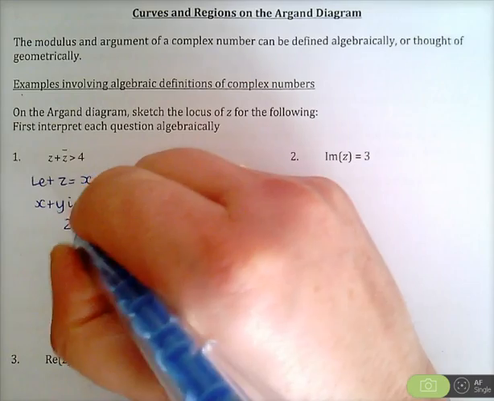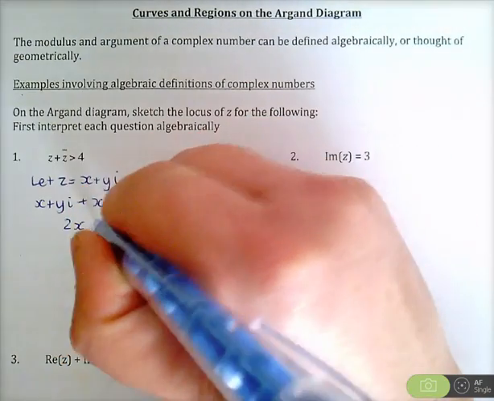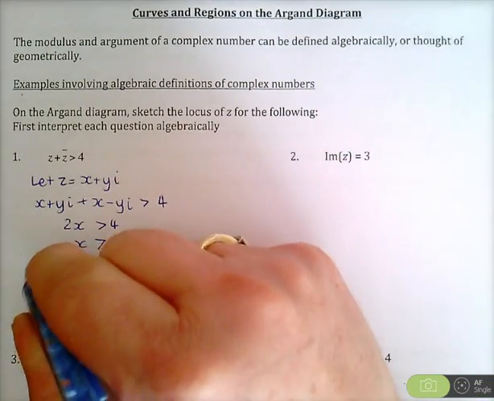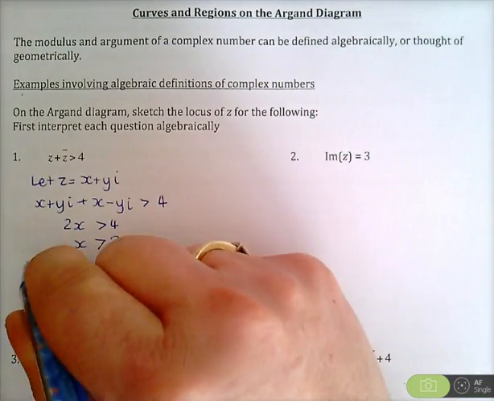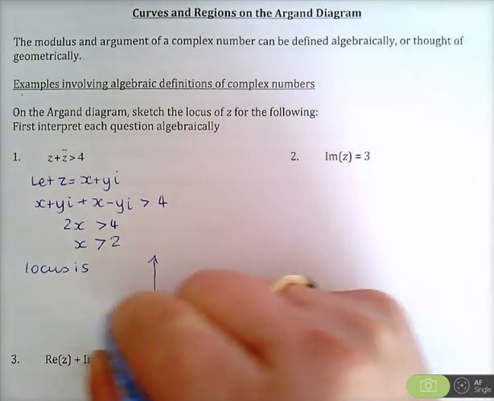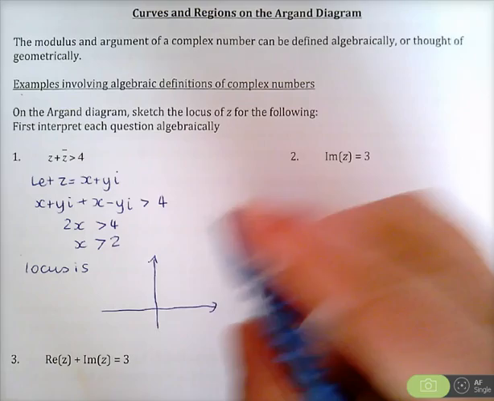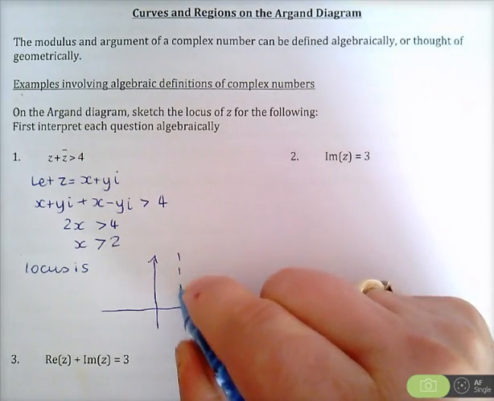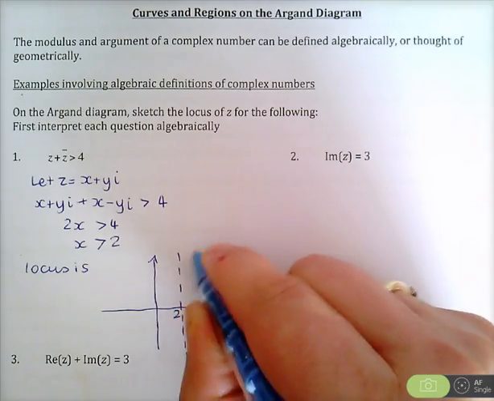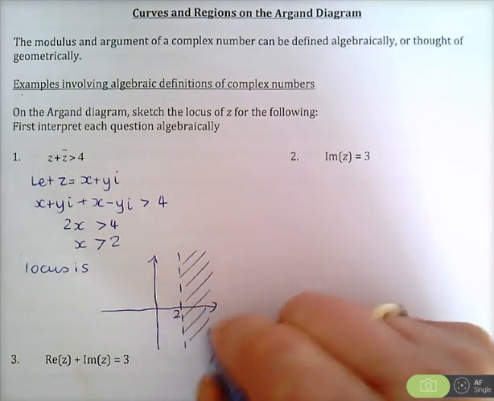Now, simplifying, we get 2x is greater than 4, and so therefore x is greater than 2. So the locus is just the graph of x greater than 2. Remember, we do not do a solid line here at x equals 2. And if x is greater than 2, we're sketching the right-hand side.